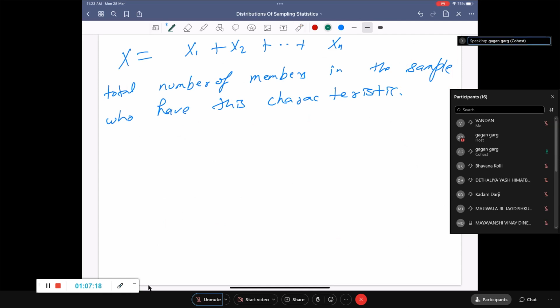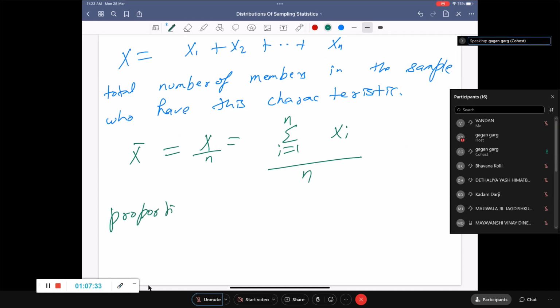And then similarly, you can define x bar. X bar is x by n, which is the summation i equal to 1 to n of xi, whole divided by n. So this is the proportion of members in the sample who have this characteristic.